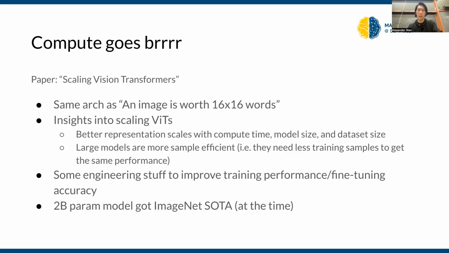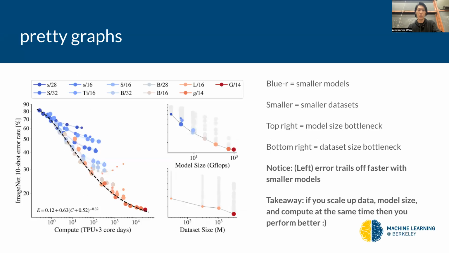So yeah, some graphs from the paper, essentially just saying what we had earlier. The more blue it is, the smaller the model you have, and the smaller the circle, the smaller the dataset you have.